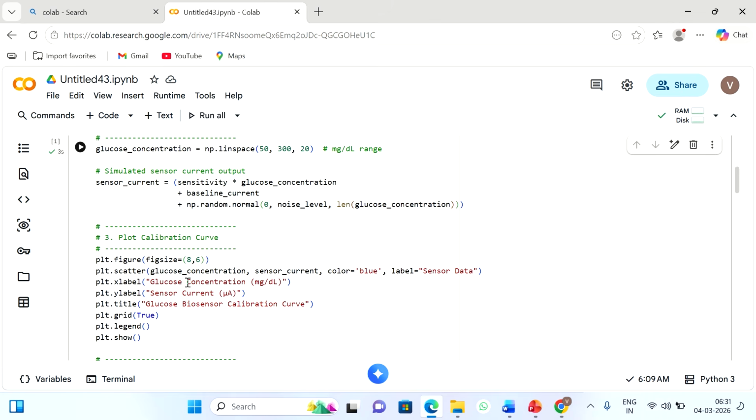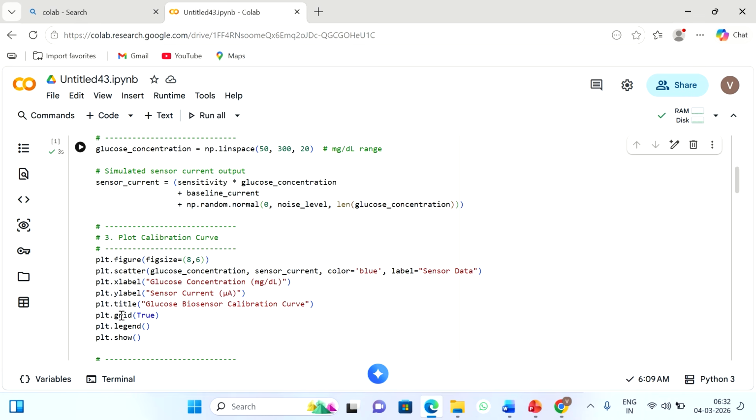So it adds random measurement noise, and then we have to plot a calibration curve. plt.scatter(glucose_concentration, sensor_current, color='blue', label='sensor data'), and then plt.xlabel. So the x axis is glucose concentration in mg/dL, and the y axis is sensor current in microampere, and the title given to this graph is glucose biosensor calibration curve.